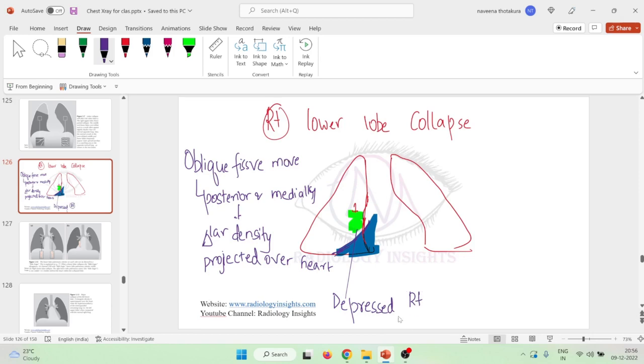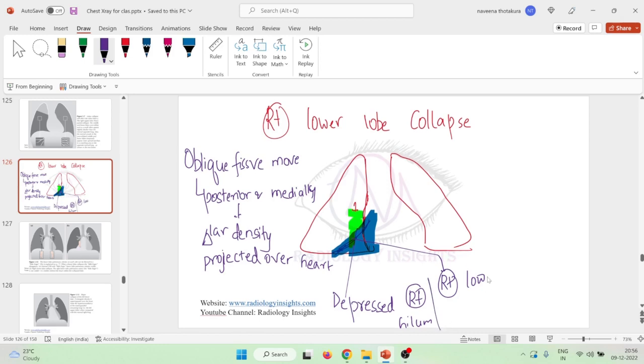Normally, if you remember, you will see the right lower lobe pulmonary artery like this. But now, because of this opacity, the right lower lobe pulmonary artery is not seen.